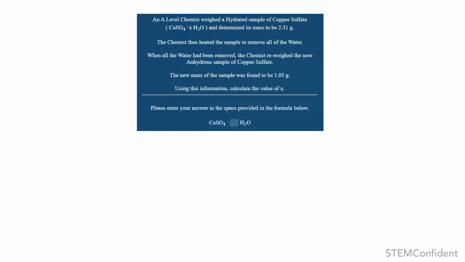Now, what does the value of x relate to? The value of x effectively answers the question of, well, for every 1 mole of CuSO₄, how many moles of H2O are going to be in the formula here, right?